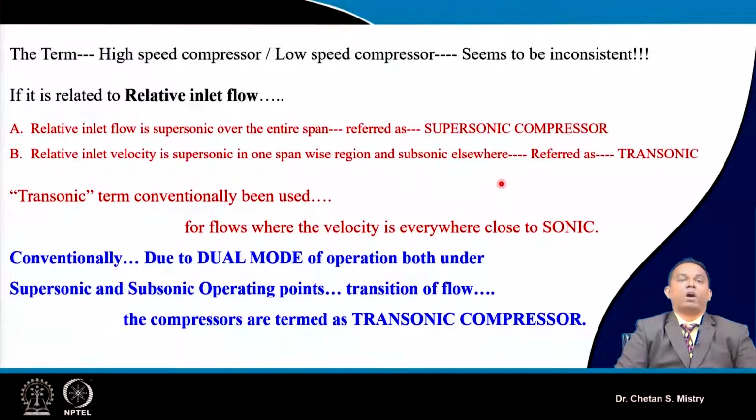That's the reason why we define these compressors as transonic compressors. As we move ahead, we will discuss what we mean by transition of flow from subsonic to supersonic or supersonic to subsonic configuration. But at this moment, you can understand we have dual mode of operation, subsonic to supersonic or supersonic to subsonic flow within the blade passage or along the span. That's the reason we define this as a transonic compressor.